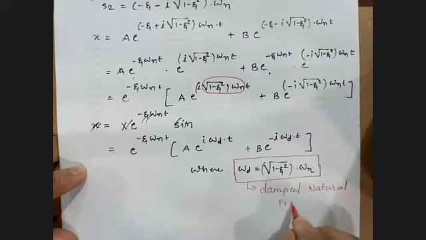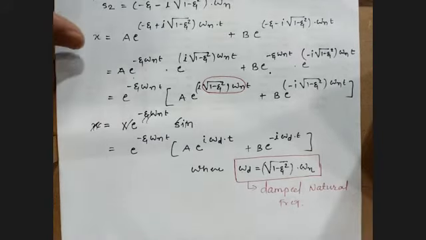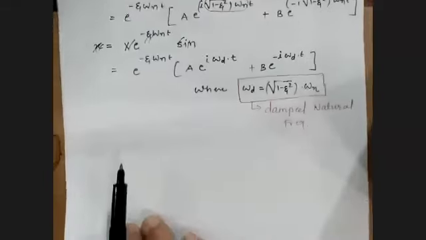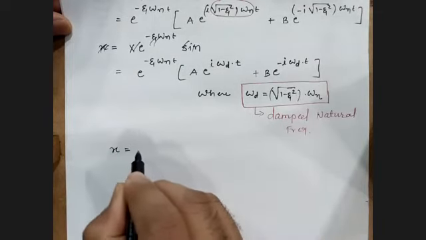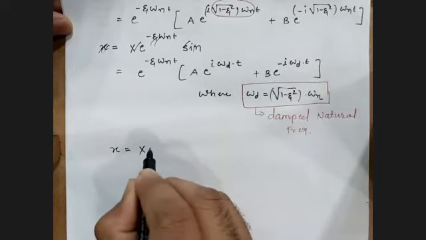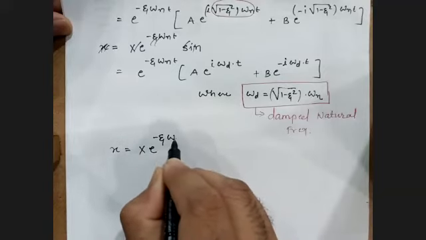Got it? So this is your damped natural frequency, and then finally we can write the solution in this form, as per Euler's theorem, that x is equal to capital X e to the power of minus zeta omega n t.